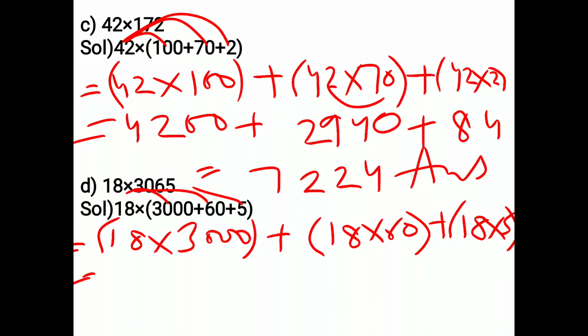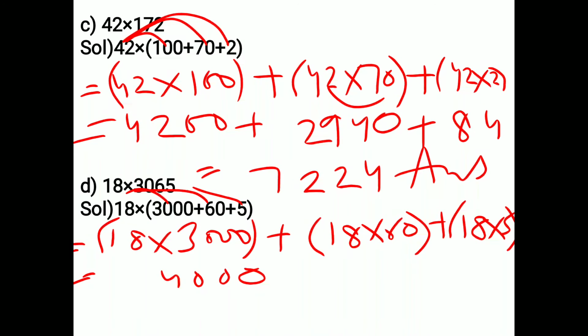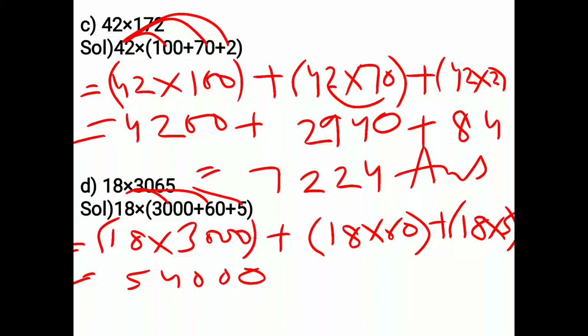Clear? Now 3 zeros will come as it is. 3 8s are 24 and answer will come 54,000 plus 0. 6 8s are 48. 6 1s are 6 plus 4 is 10. Now 18 5s are 90. Add them.